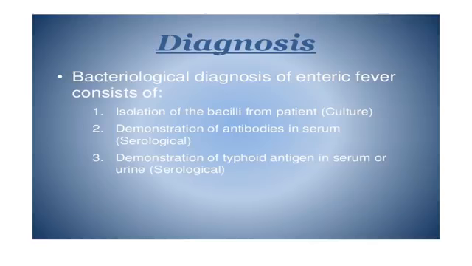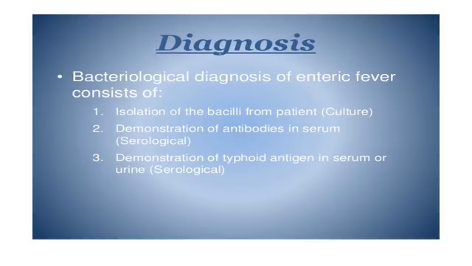The other investigations to diagnose specifically enteric fever are the demonstration of antibodies in the serum. These both tests are serological investigations, in which in the first investigation we will demonstrate the antibodies, and in the other test we will demonstrate the typhoid antigen. So for antigen, the commonly used test was the Vidal test, which is nowadays obsolete.